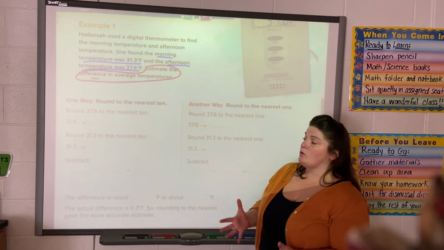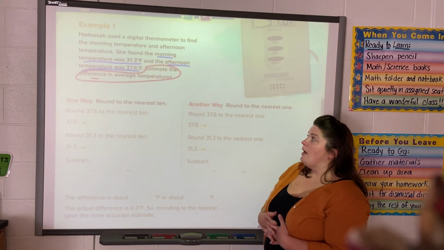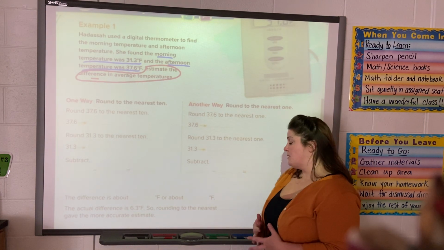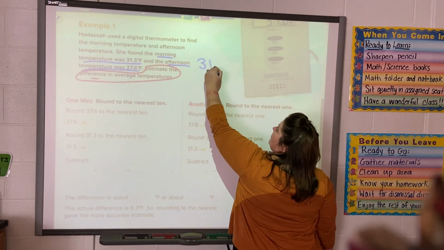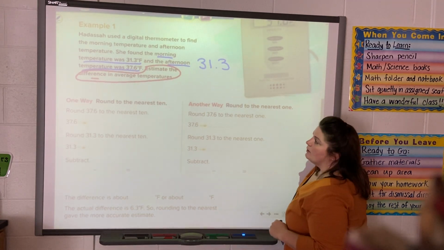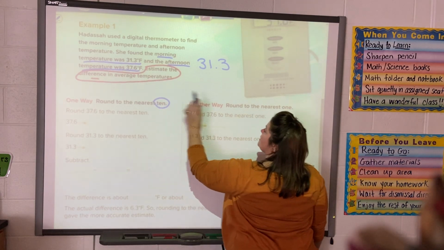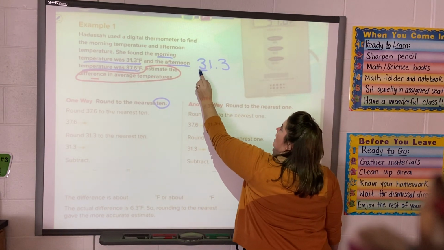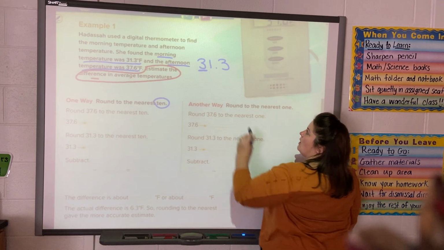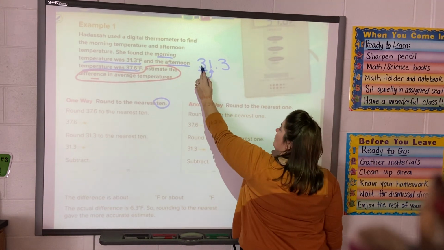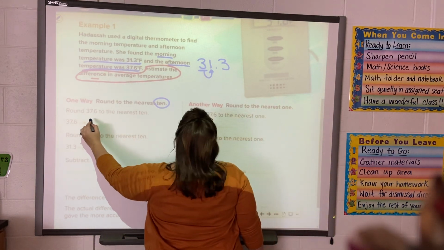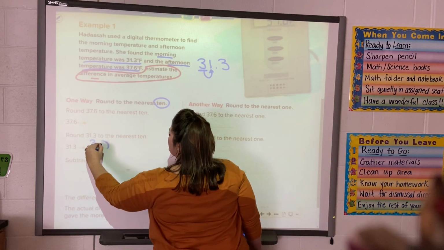So let's take each of those numbers, 31.3 and 37.6, and round them to the nearest 10. I'm going to do my work right here to show you my thinking and my process. So rounding to the nearest 10, I'll underline my tens place, look to the neighbor, 4 and below, let it go. So I'm going to keep this at 30.